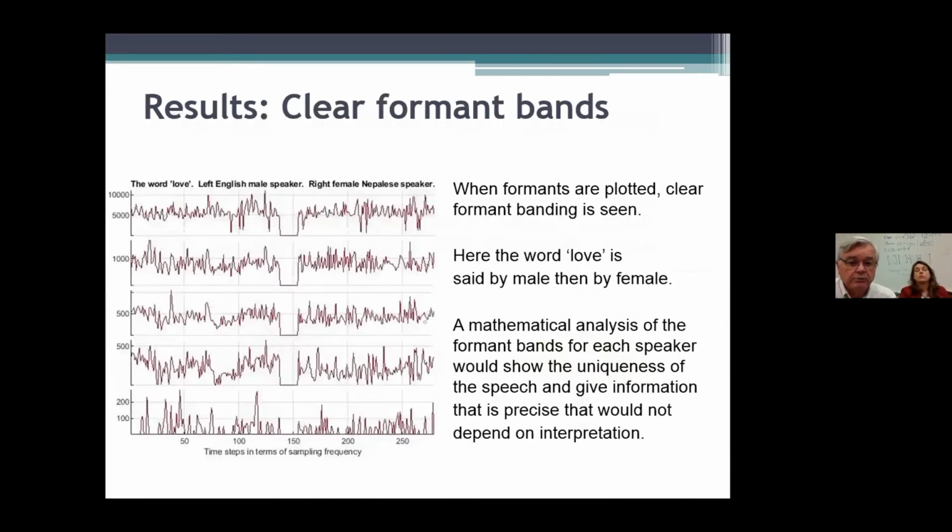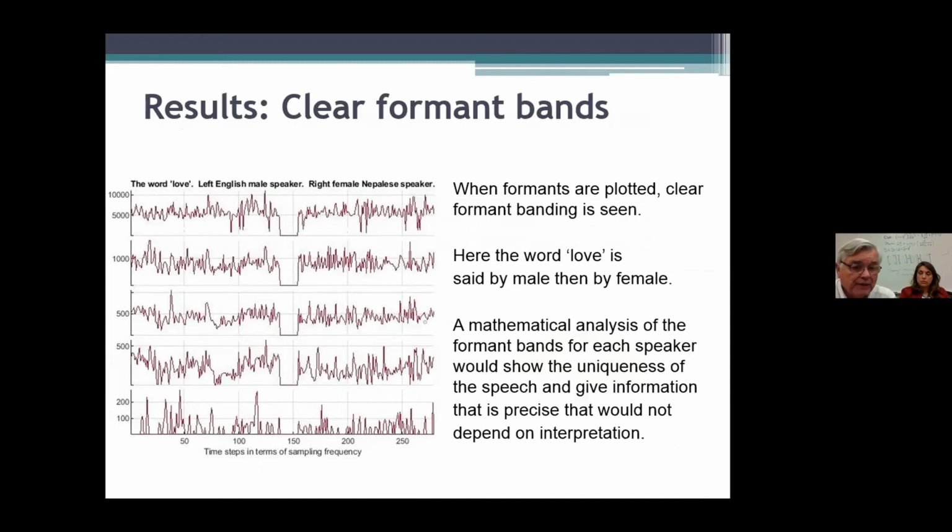Here's what we found also with the data that we produced from MATLAB: clean formant banding can be found. Here's love said by first a male and then a female speaker. Mathematical analysis of the formant bands shows that each speaker should have uniqueness of speech and give information that is precise and does not depend on interpretation.